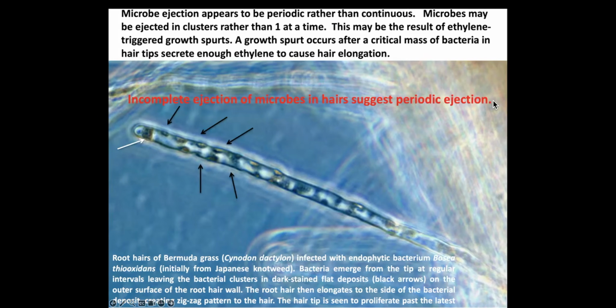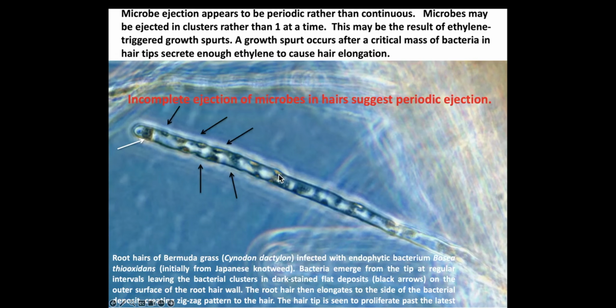Okay, this kind of shows this. This is a bacterium. This is a root hair with bacteria in it where the bacteria weren't ejected. We took this bacterium from another plant. It didn't quite work with this plant. This was a Bermuda grass. We took it from, I think it was a Japanese knotweed. And what happened is these bacteria did not eject properly.